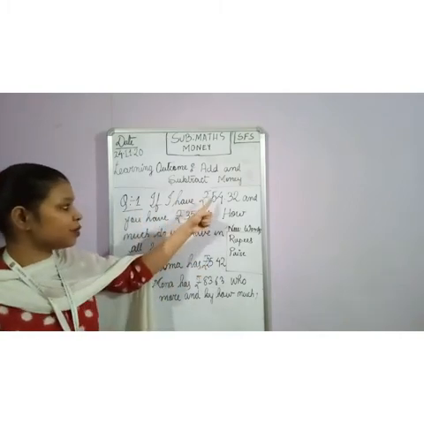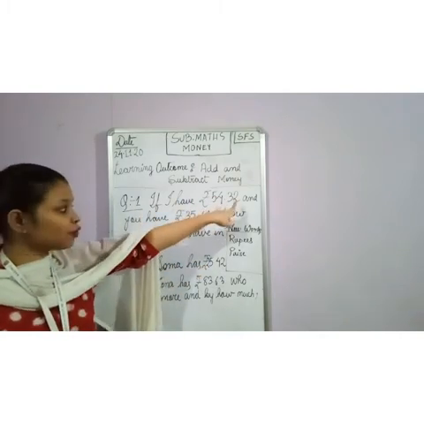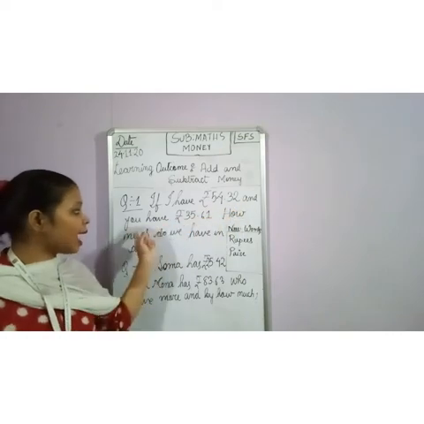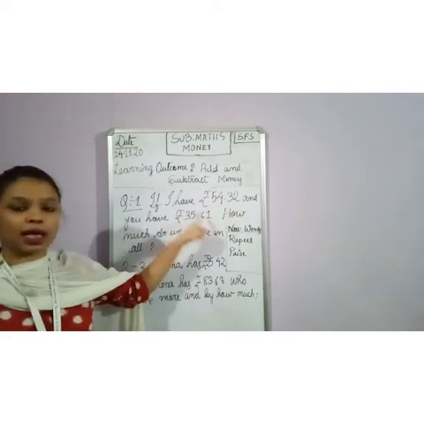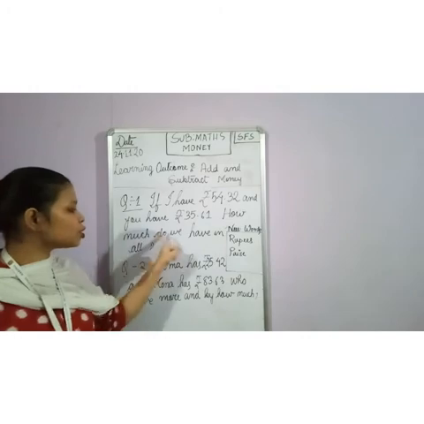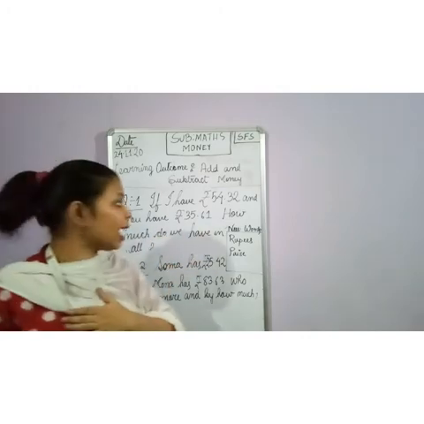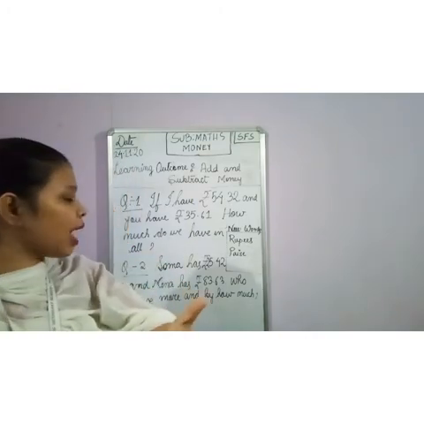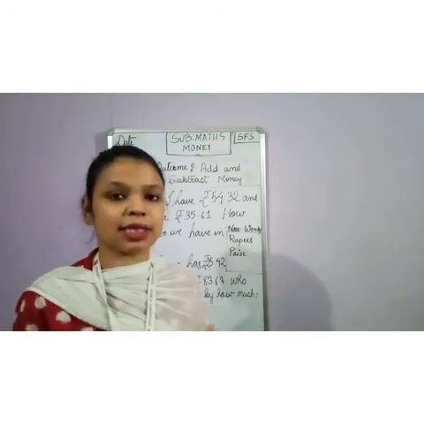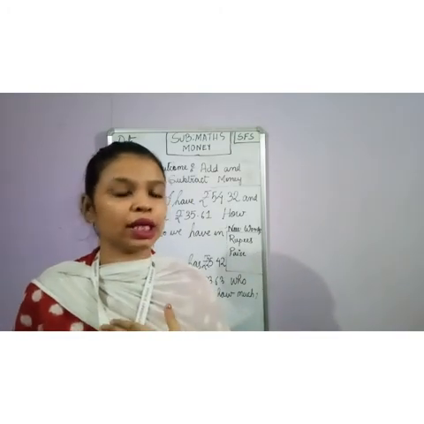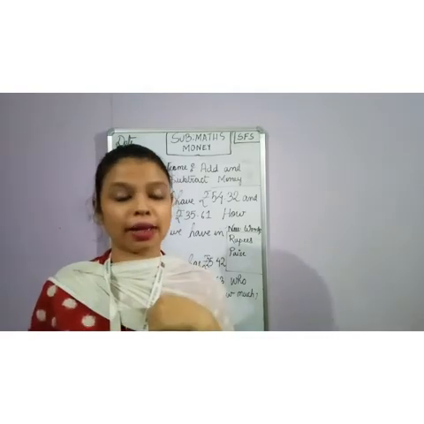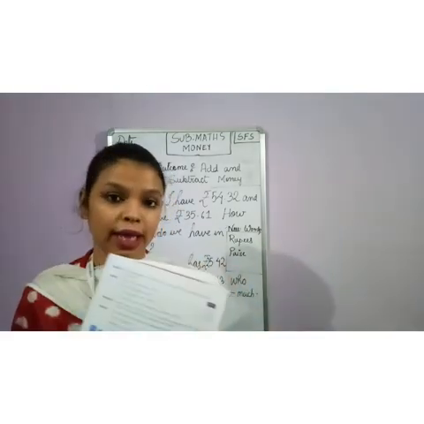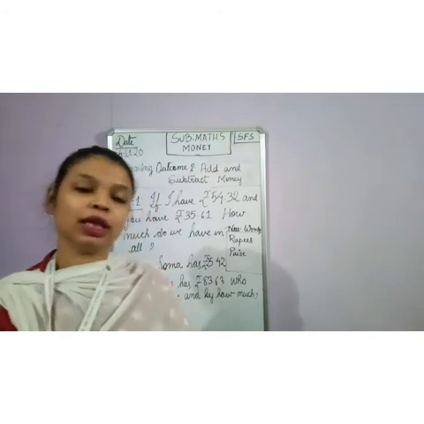If I have rupees 54 and 32 paise, and you have rupees 35 and 61 paise, how much do we have in all? Means you and me, how much we have together. So what you have to do, you already know that.